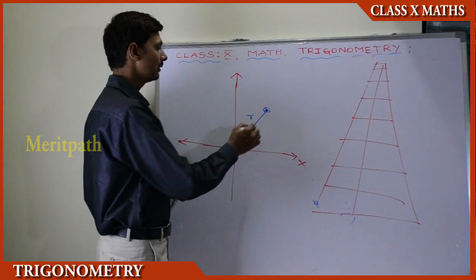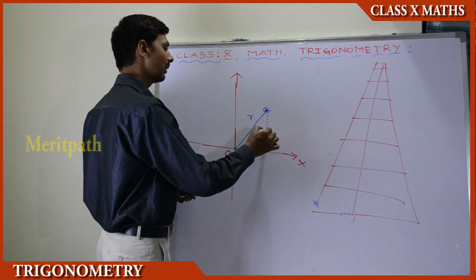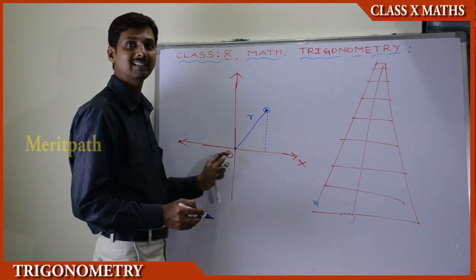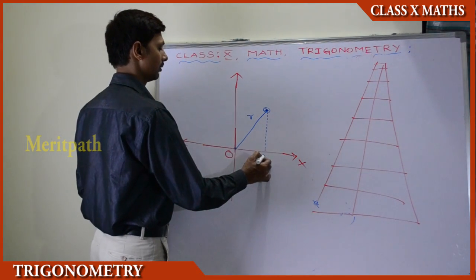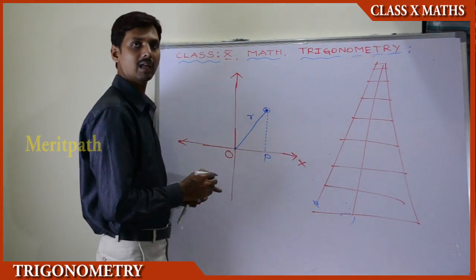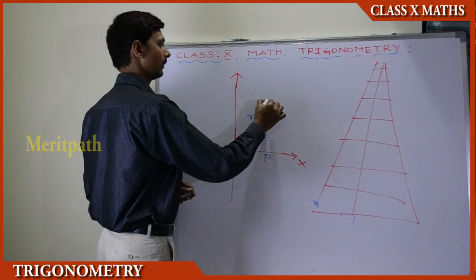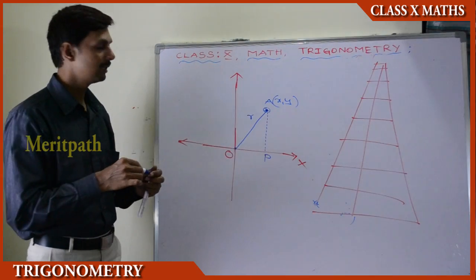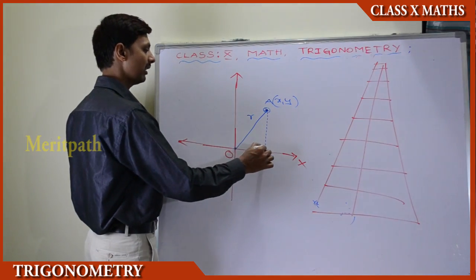Let us draw a perpendicular line from this particular point to the x-axis. Let us name the point P, with coordinates x comma y. Here a right angle triangle is formed when we draw the perpendicular line.